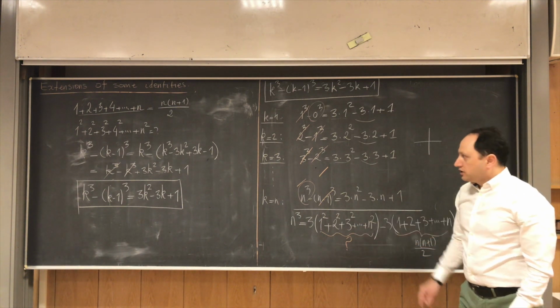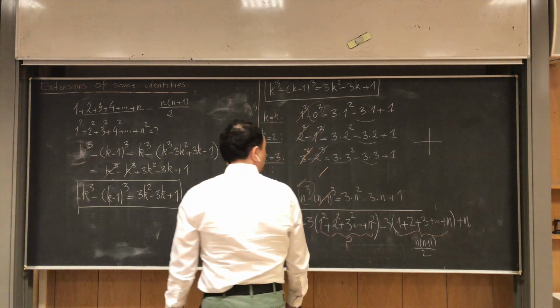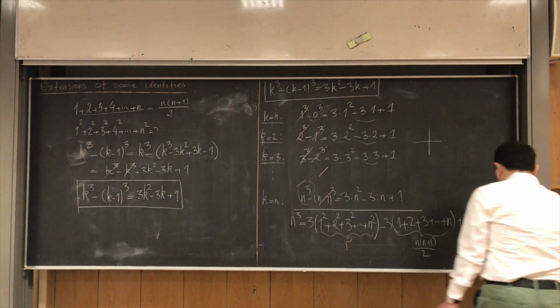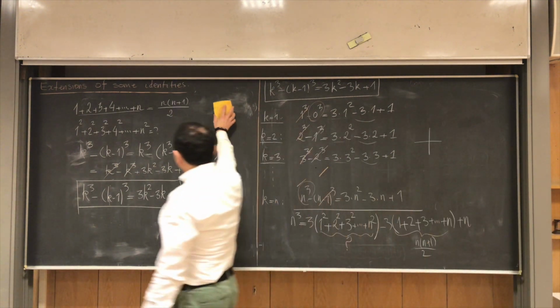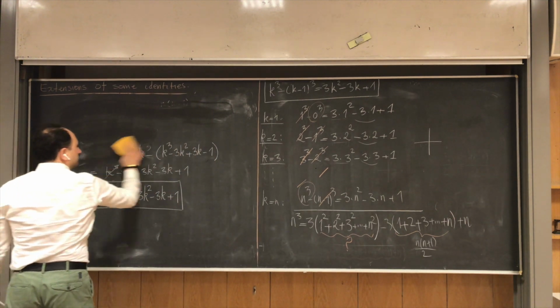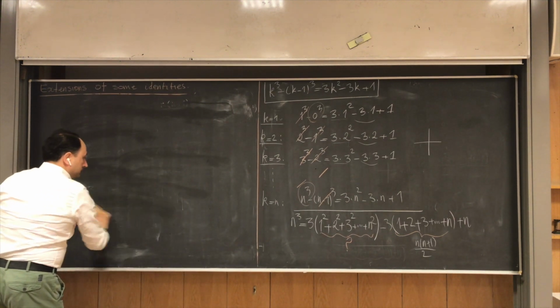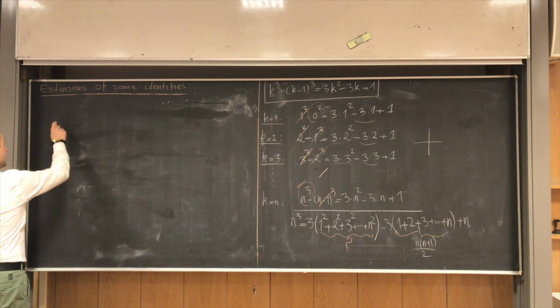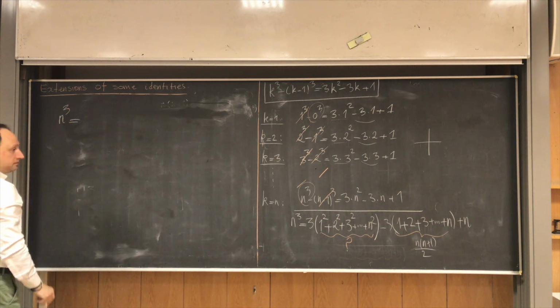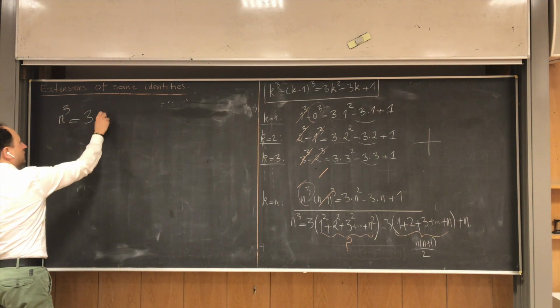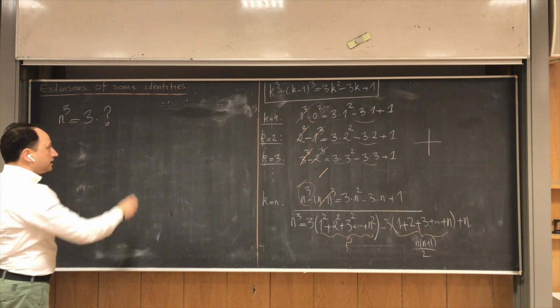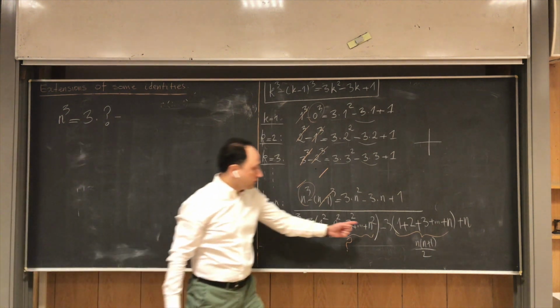I am looking for this question mark. So let me do this here on the board. So I would write n to the 3 is equal to 3 times my question mark minus 3 times this expression, yes?